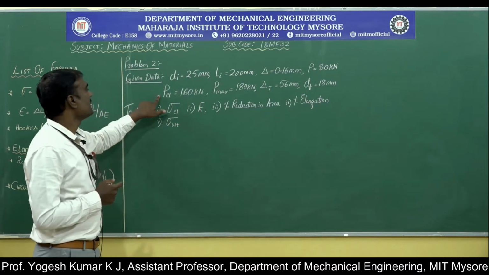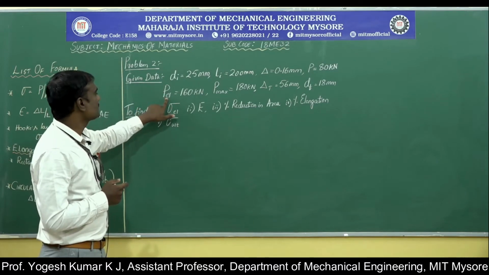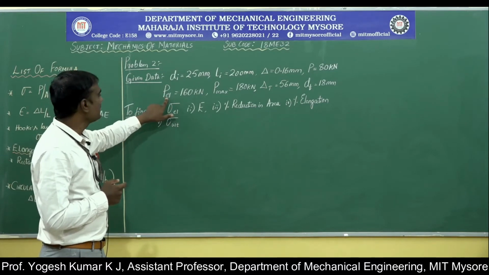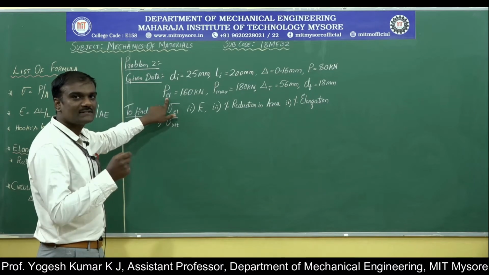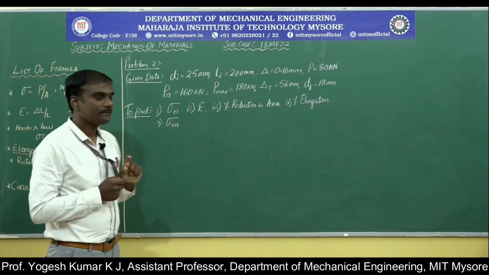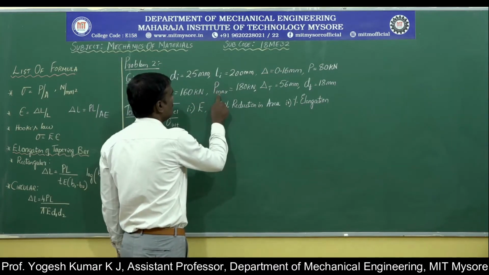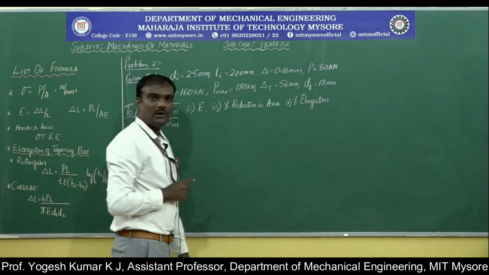Then they have specified load at elastic limit. So, load is given by P, with a suffix EL; EL stands for elastic limit. Load at elastic limit is 160 kilonewton. The maximum load is 180 kilonewton.